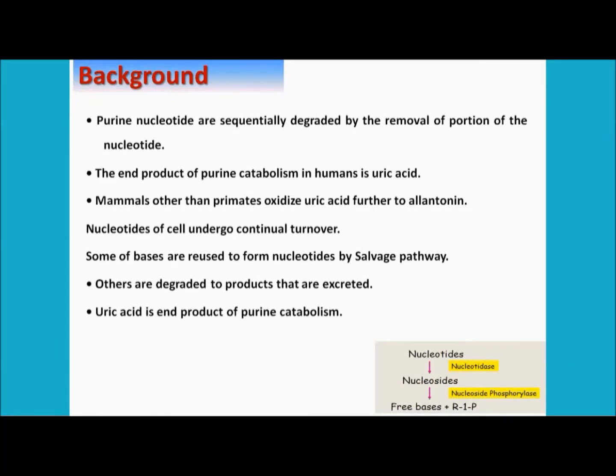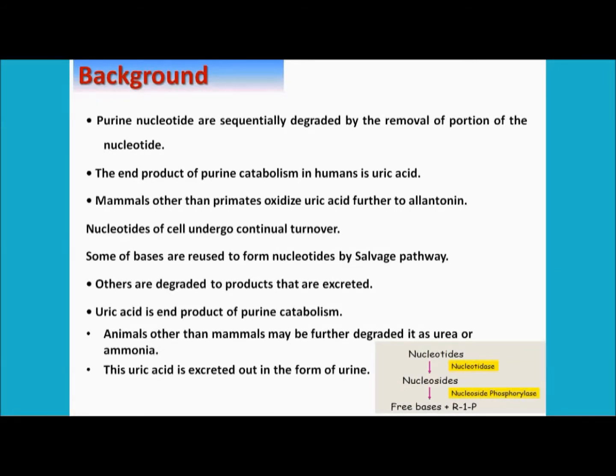Again, uric acid is the end product of this catabolism. Animals other than mammals may further degrade this end product into urea or ammonia, and uric acid is generally excreted from the body via the urine.